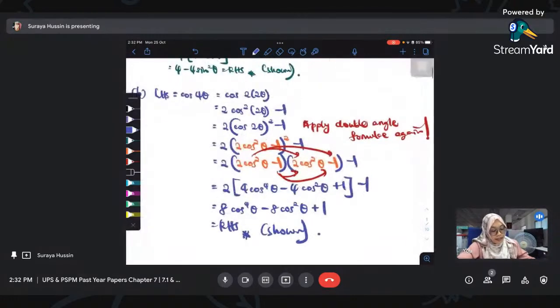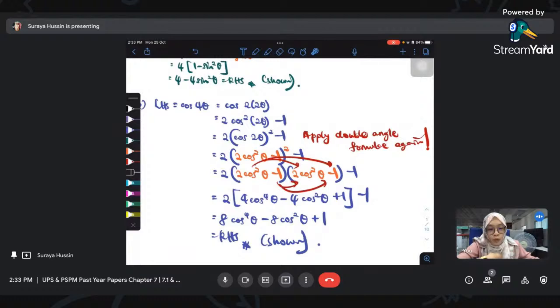You just got to imagine. Nak kata imagine pun taklah sangat. It's just about wondering whether you will get cos at the end dengan memakai double angle lah. Sebab itulah saya recommend untuk hafal formula.